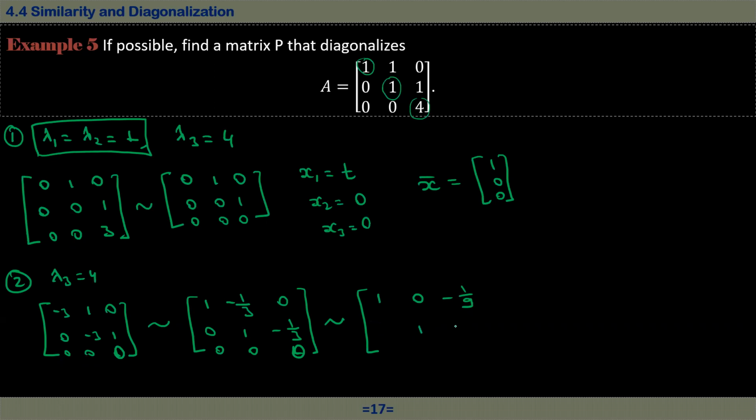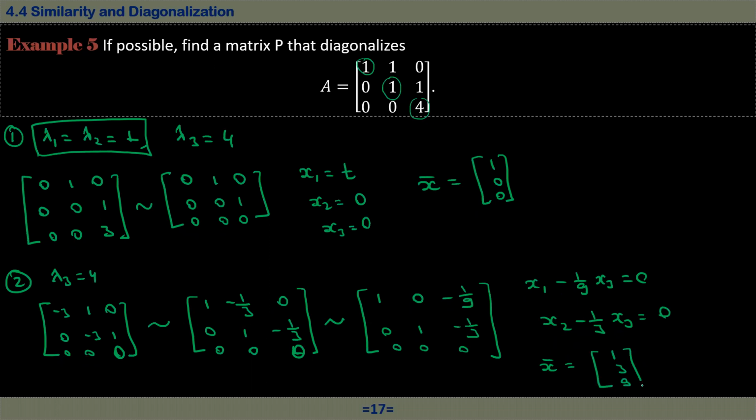So we have 1, minus 1 over 3, 0, 0, 0, 0. Which means that x1 minus 1 over 9 x3 is equal to 0, and x2 minus 1 over 3 x3 is equal to 0. For example, if you take x3 as 9, then x1 will be 1, x2 will be 3, and x3 will be 9.